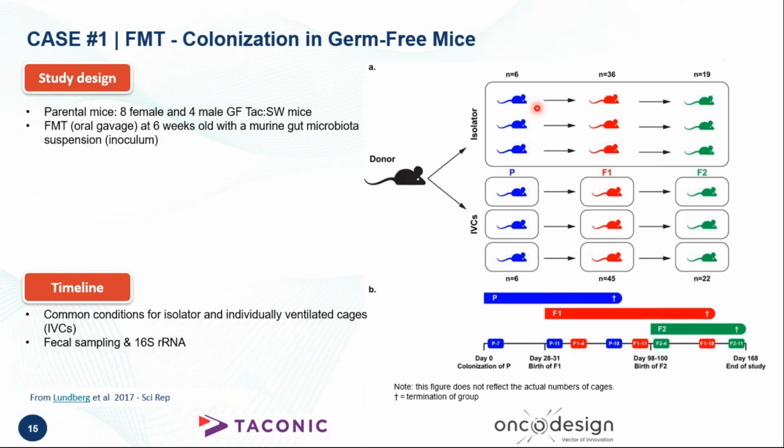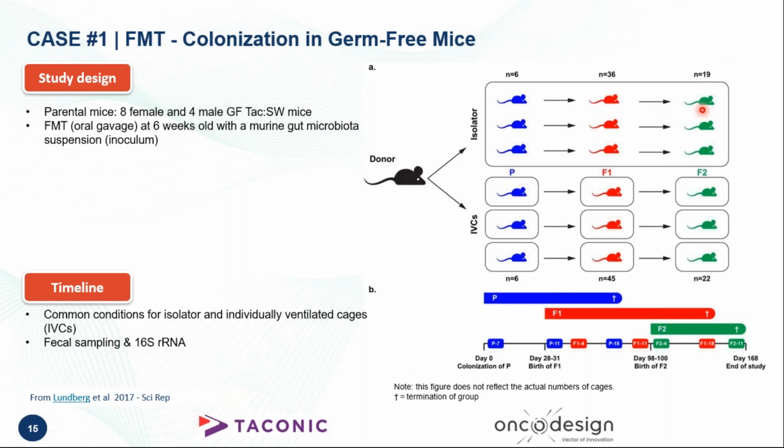In blue, they are termed P for parental because they were used to breed subsequent generations of mice housed likewise: F1 generation in red and F2 generation in green in the study.